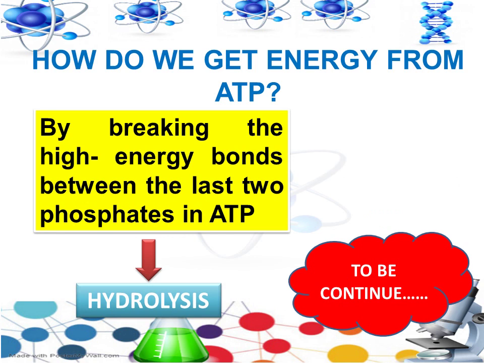Okay, ATP cannot be obtained just by eating; in order to release energy, there must be a breakdown of the high energy bonds in the phosphate groups in the ATP. So this is how our cells get energy from ATP. And the process involved in getting the energy from ATP is hydrolysis. When we talk about hydrolysis, it means that there will be addition of water in order to break down the bond.